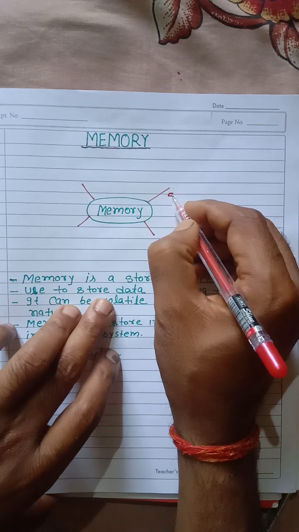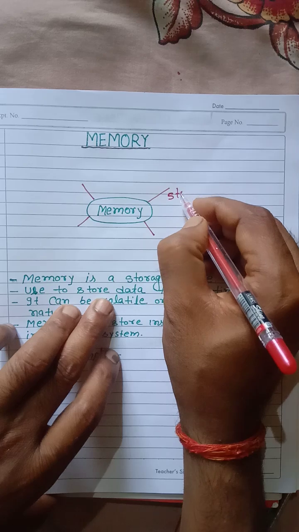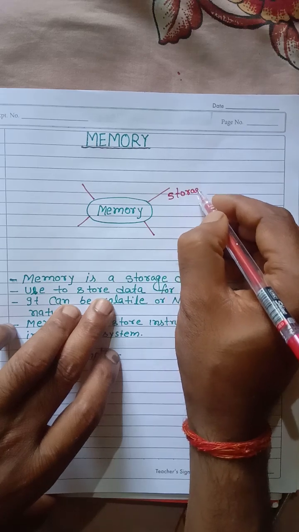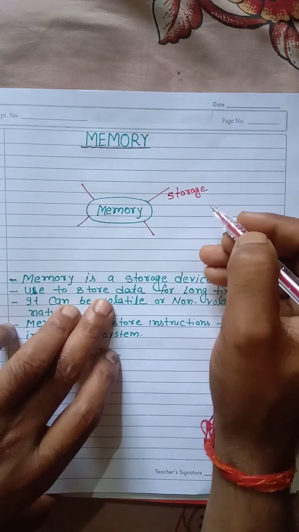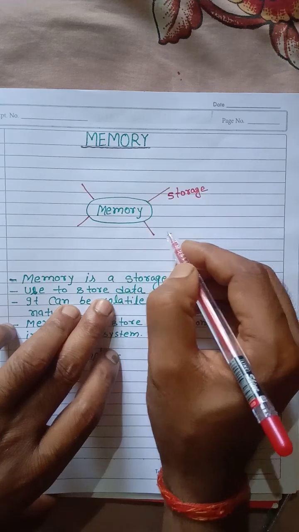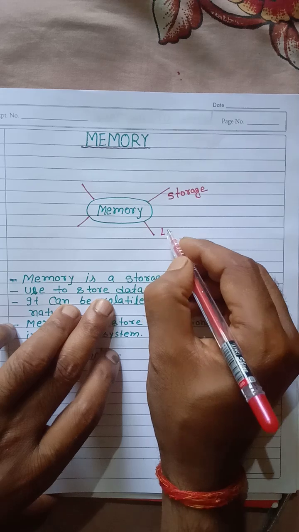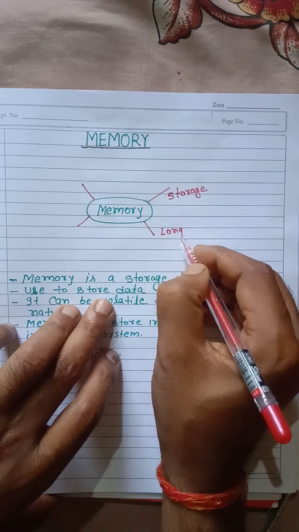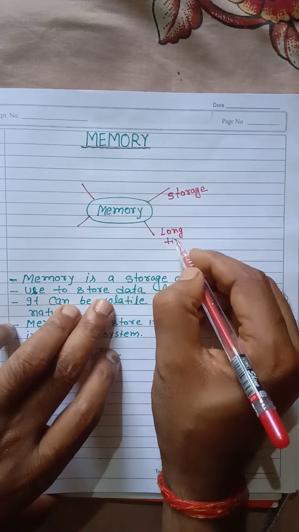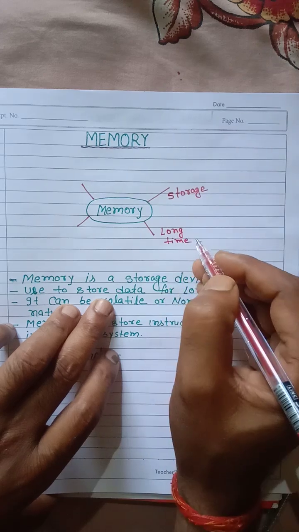So we can write here: memory is used for storage. Another thing, memory is used to store data for a long time. If you write it, then it is okay.